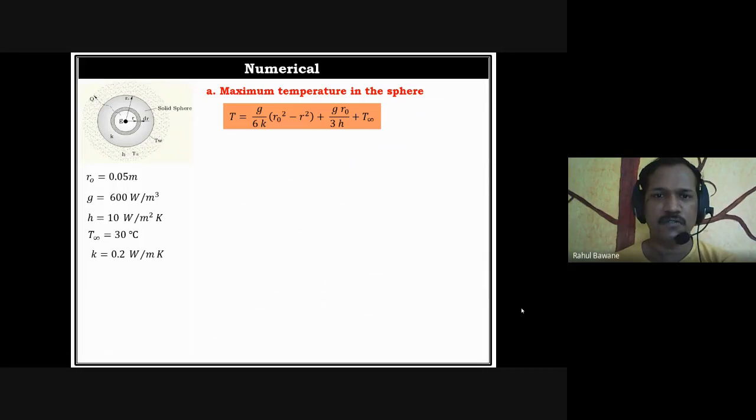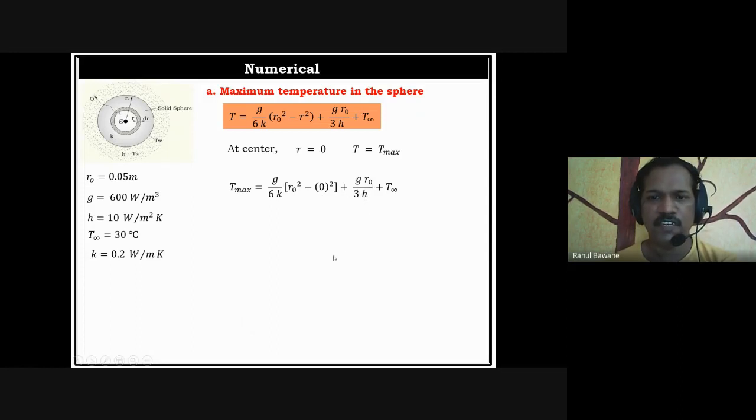So we will go on to find the answers to our questions, that is, the maximum temperature in the sphere. We know that maximum temperature is obtained at the center where r is 0. So applying that condition, when r is 0, T becomes T max. Replacing this condition in our temperature distribution equation, the equation becomes T max equals G upon 6K times (ro square minus 0 square), because r is replaced by 0, plus G ro upon 3H plus T infinity.